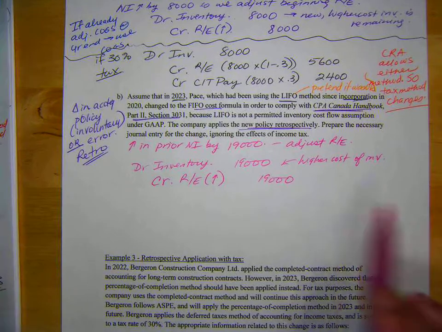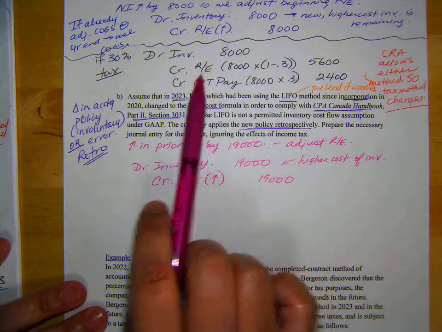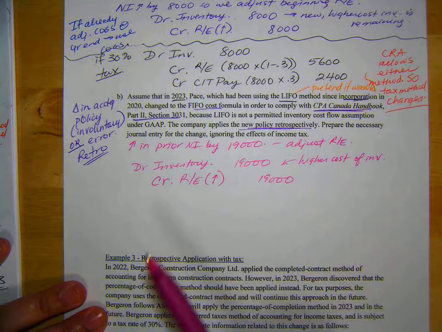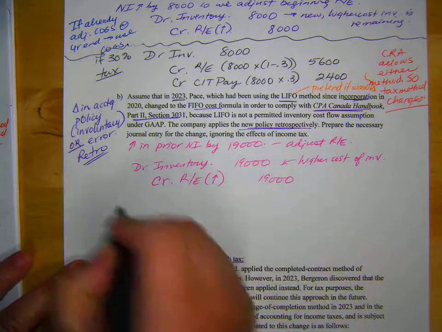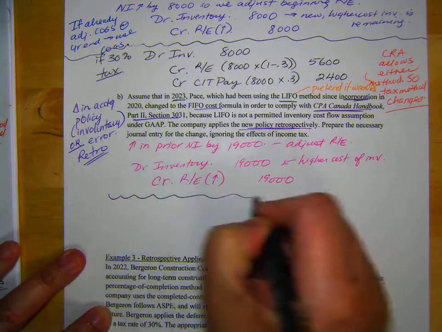Okay. And again, if there was taxes, you would do the same kind of thing up there if indeed CRA allowed LIFO. Now, the important is, I just want to mention about disclosure.